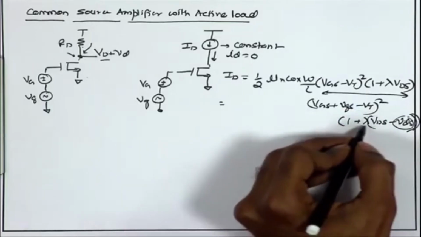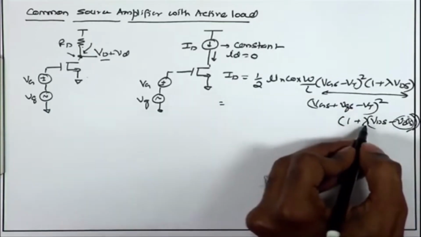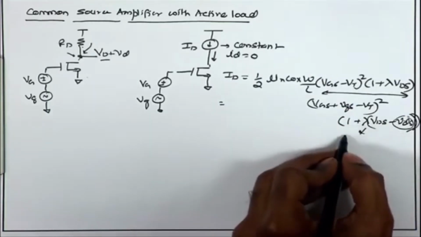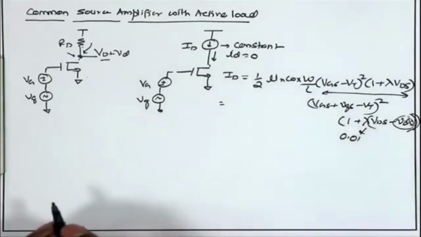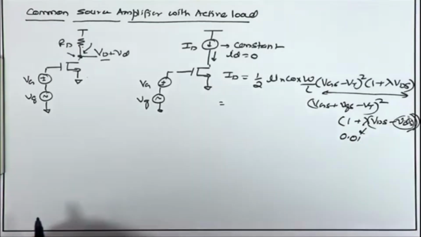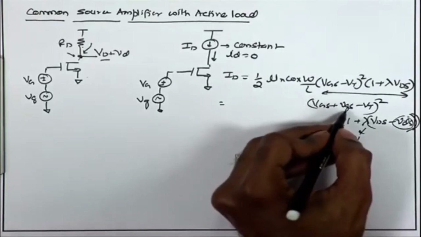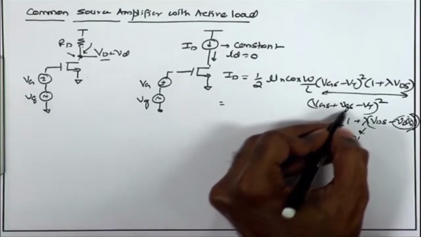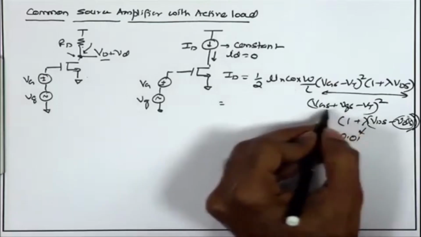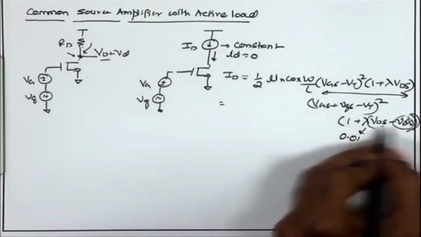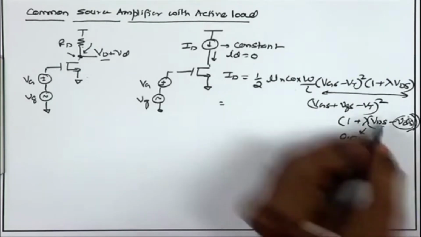Now, if you see the dependency in saturation region, this lambda is very small, right. So, maybe for 180 nanometer, maybe 0.01, 0.02, and therefore, in order to counter this small change in VGS, which is having quadratic dependence, I may need a very large change in VDS to balance this increase.